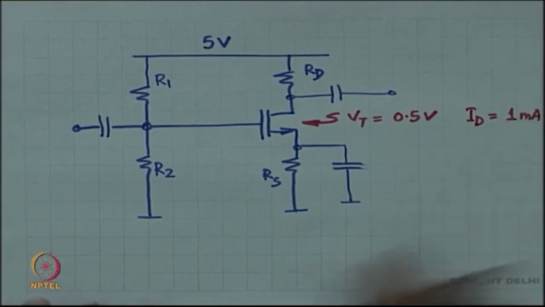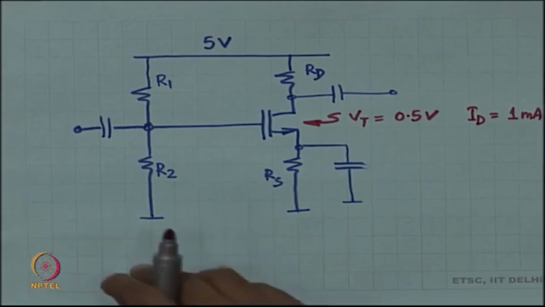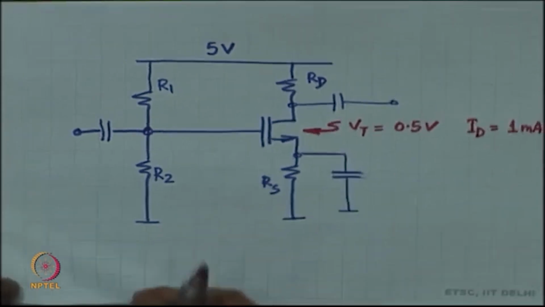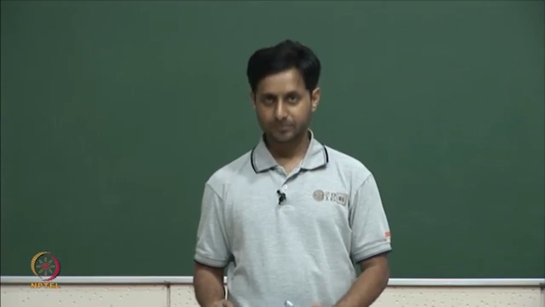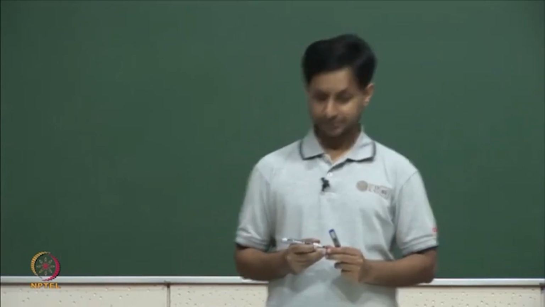This is the DC operating point current, 1 milliampere, and these are the requirements. Fine.